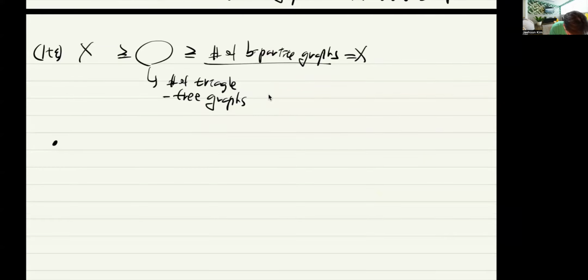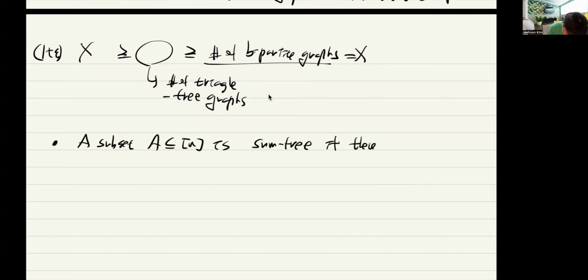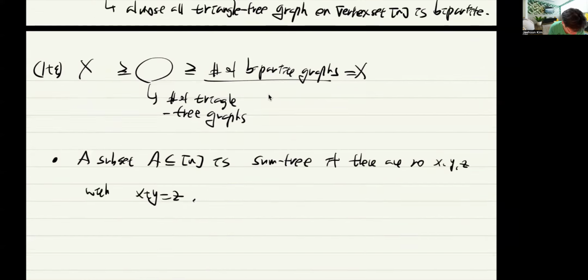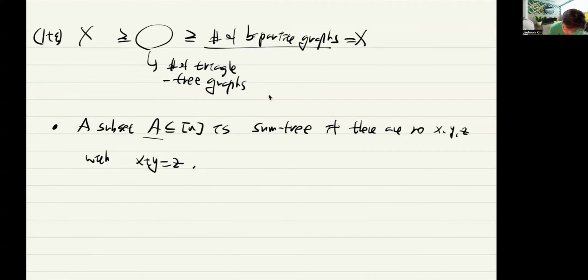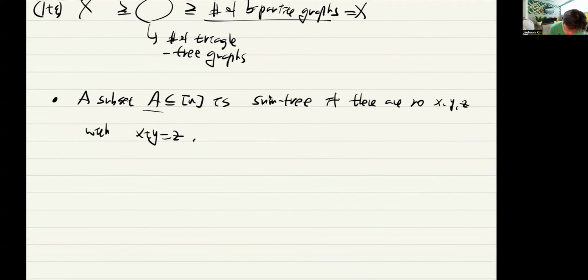Also, another example is that we say a subset A of [n] is called sum free if there are no x, y, z with x plus y equals z. Then we know that a sum-free set has size at most half. How?